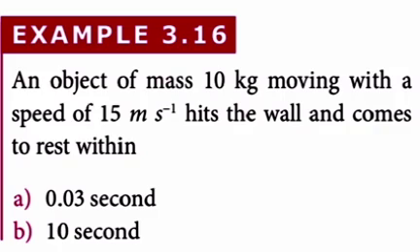For mass 10 kg, the object moves at 15 meters per second. We are going to calculate the impulse, and also find the average force on the object in these two different timing cases. Now we solve this problem.